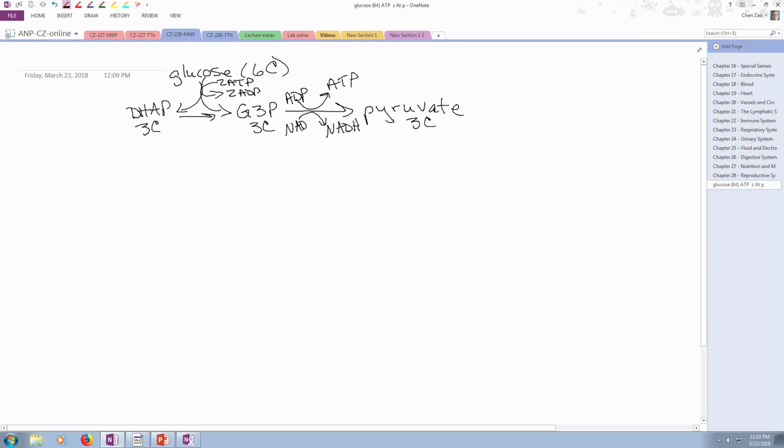Ultimately, how many G3Ps are we going to funnel into this pathway? How many? 2. So let's go ahead and right now, because this is the basic reaction, and now I'm going to put 2 G3Ps because we've acknowledged DHAP is going to become a G3P. And with each G3P, we would get 2 ATPs. So since we're having 2 G3Ps, 4 and 4. You guys working with me on that?